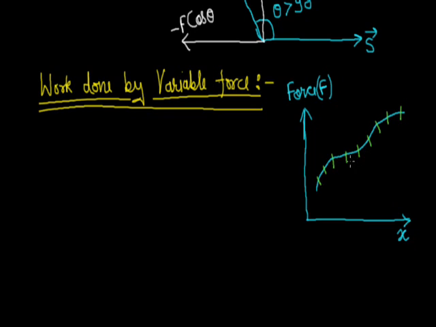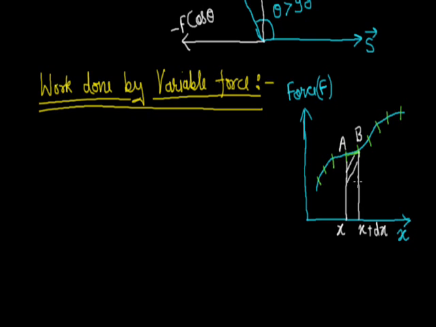In this case, these small elements behave like a straight line. Let the displacement of this point, say A, be x, and let the displacement of this point B from the origin be x plus dx.